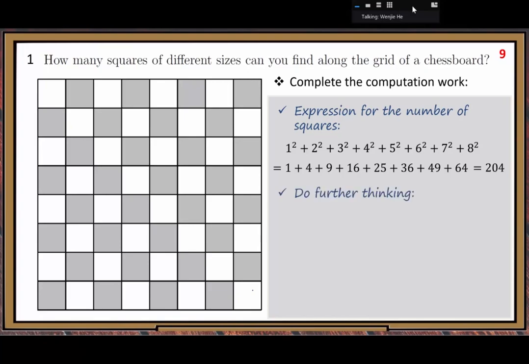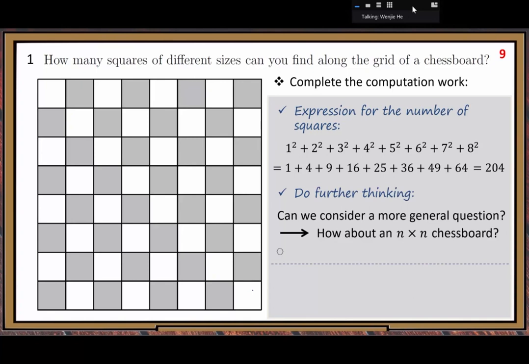But here, let us consider the general question: a general n by n size chessboard. We want to count the total number of squares in a general n by n chessboard.